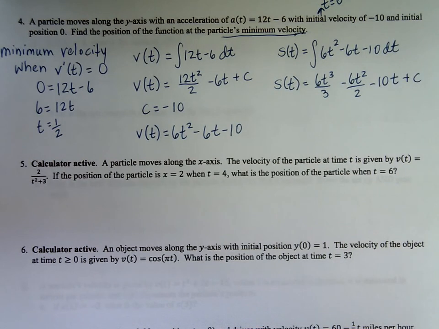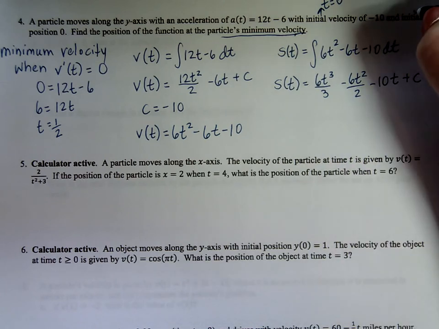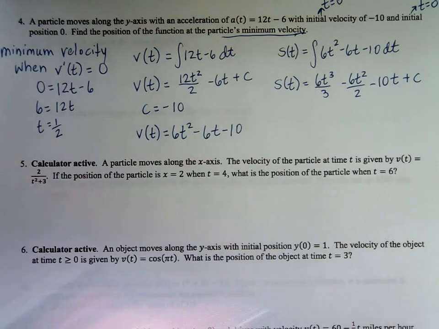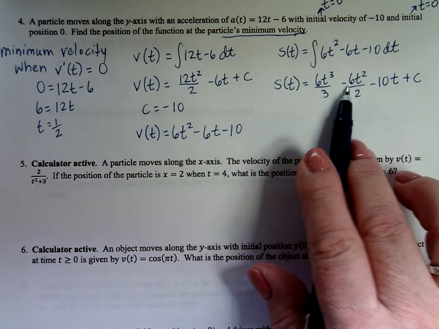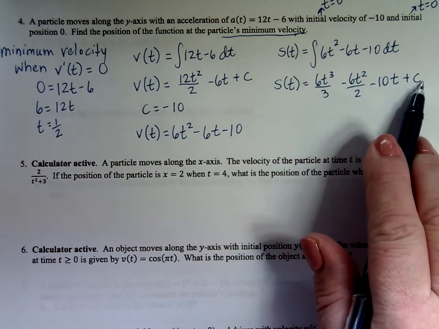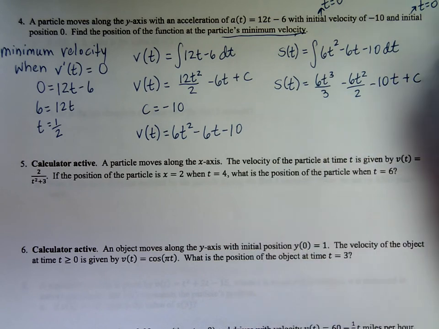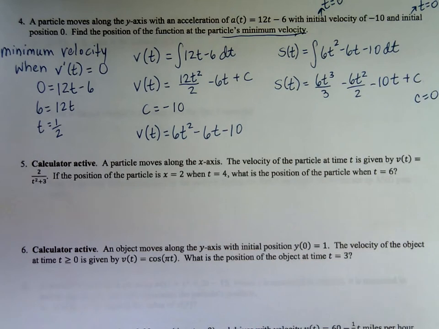But look at this one. This time it says the initial position is 0. Well, that means when t equals 0, my function equals 0. A 0 here and a 0 for all these t's means that c is 0, because everybody zeroes out.